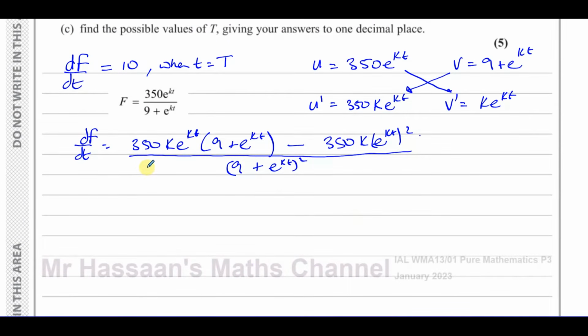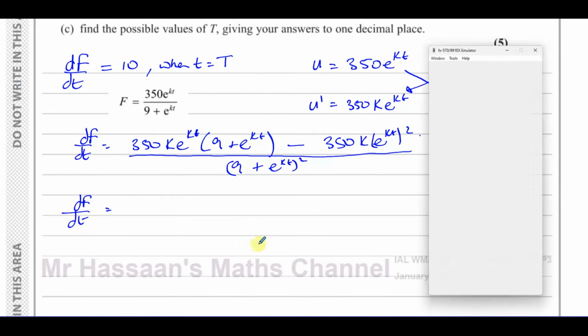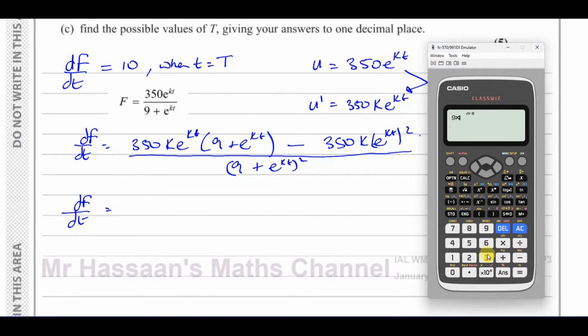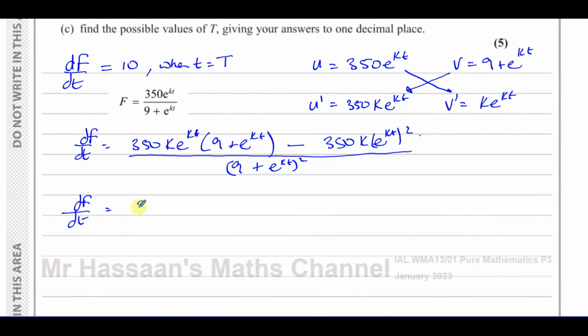Let's simplify it. When I expand this, I'm going to have 350 times k e to the power of kt squared, and we're going to have these two, plus and minus, so they'll cancel out. That will make life a bit easier. So let's expand that bracket. We have 9 times 350, which gives us 3,150. So 3,150 times k e to the power of kt. You have to be very careful not to leave anything out here.